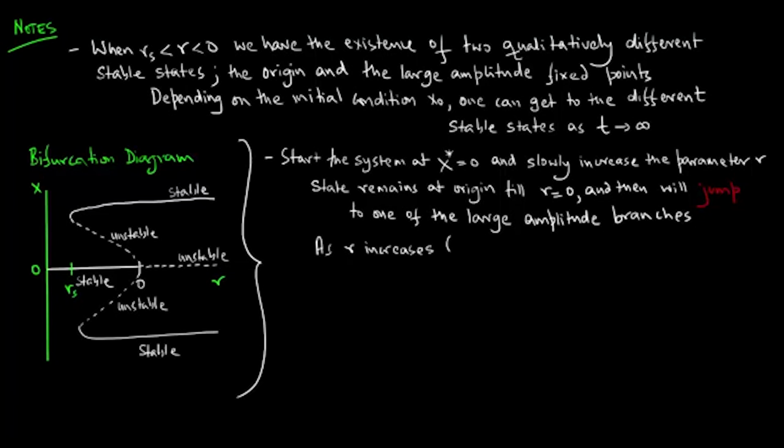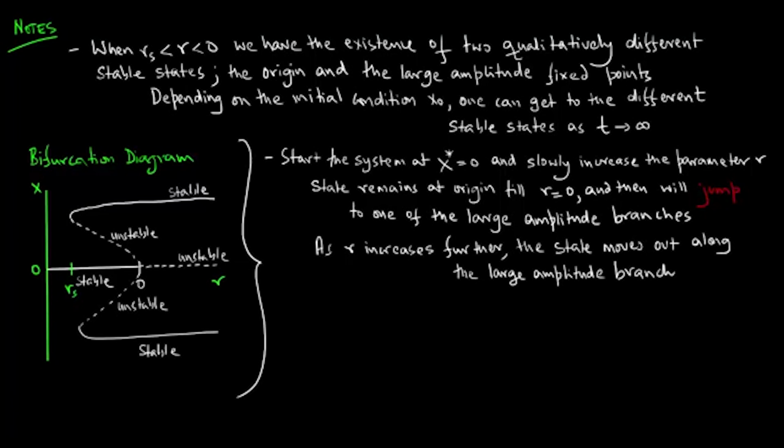As r increases further, the state moves out along the large amplitude branch. So that's the jump that will actually occur.